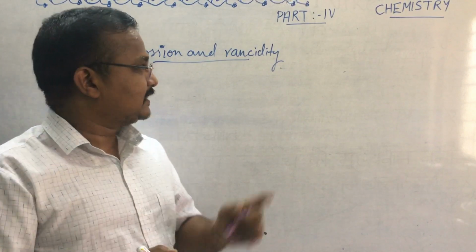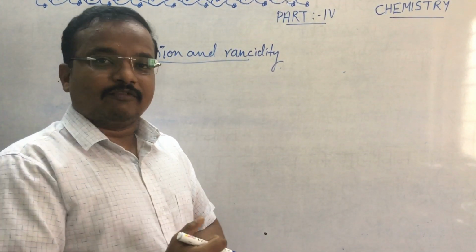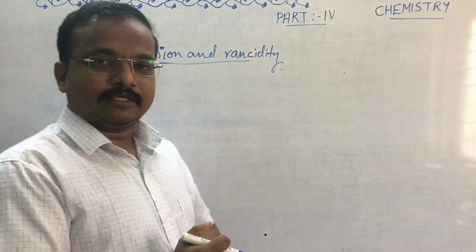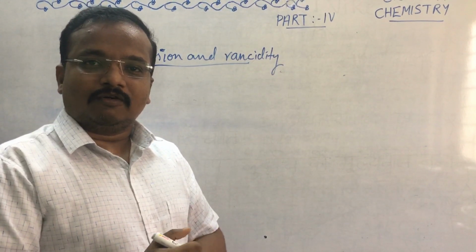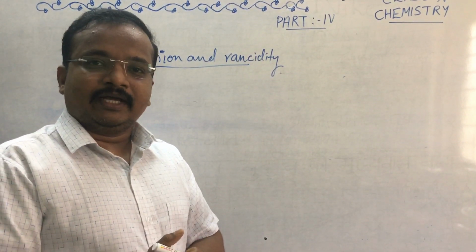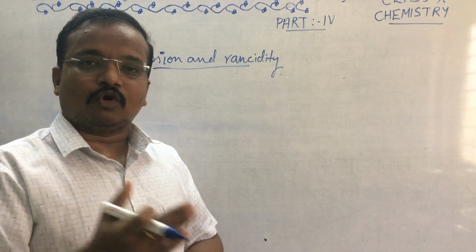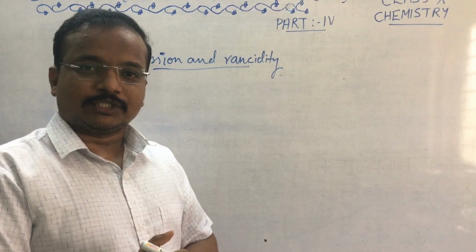That's called rancidity. And how can we prevent this corrosion and rancidity? For corrosion, for iron articles, we oil or paint them so that the substances will not come in contact with moisture. When it comes in contact with moisture only, corrosion takes place.